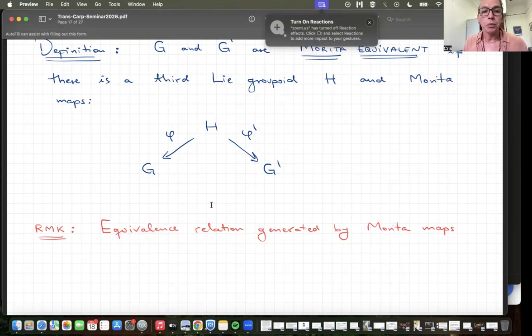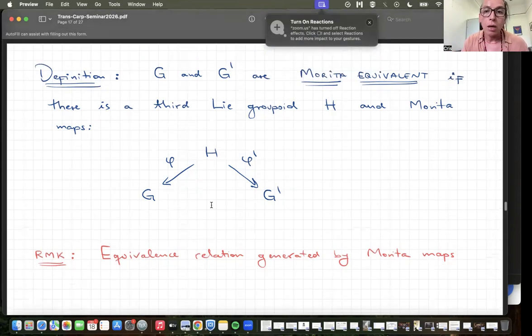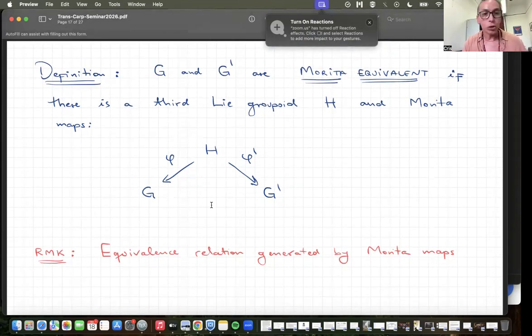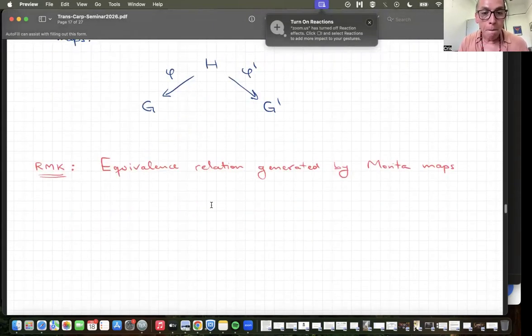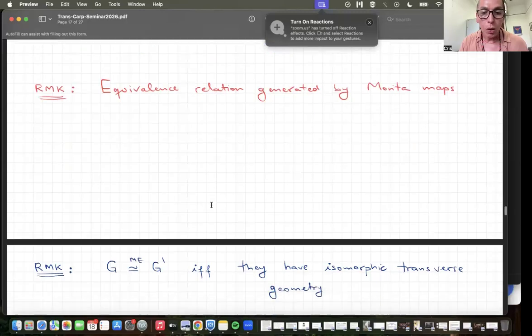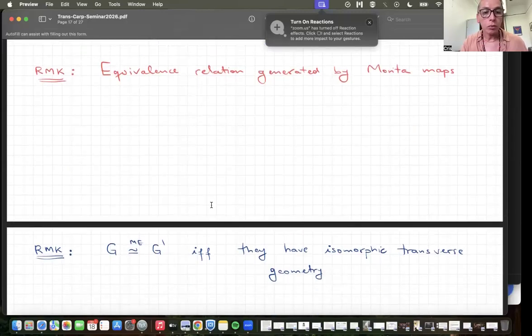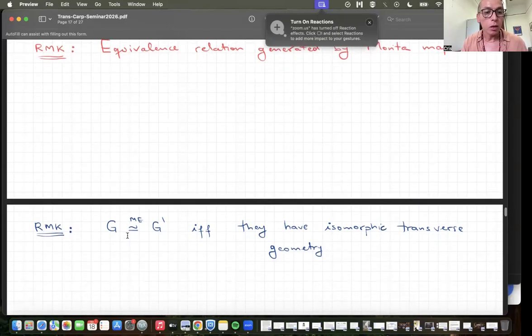But at least for me, this one is more natural, because I like to understand things as functors and equivalences and so on. Okay. So because of this theorem by del Hoyo, two groupoids are Morita equivalent if and only if they have isomorphic transverse geometry.